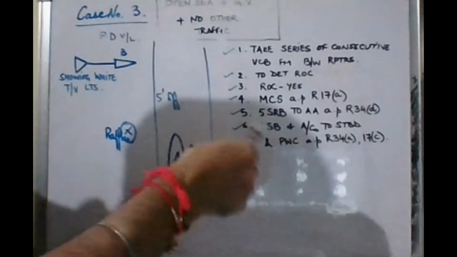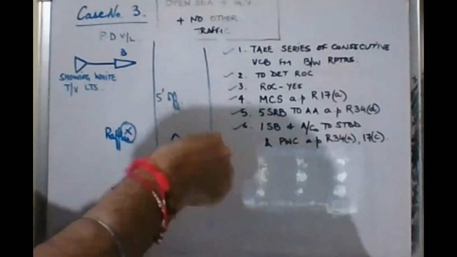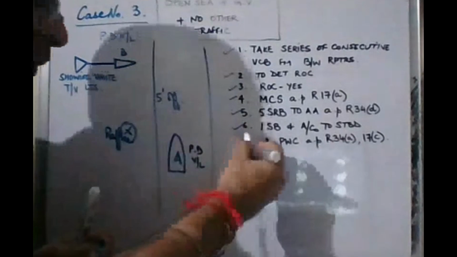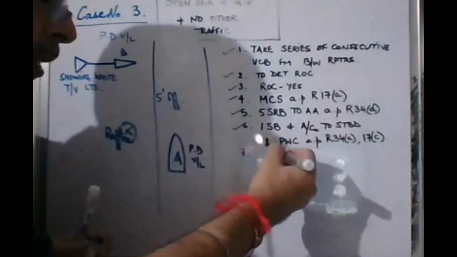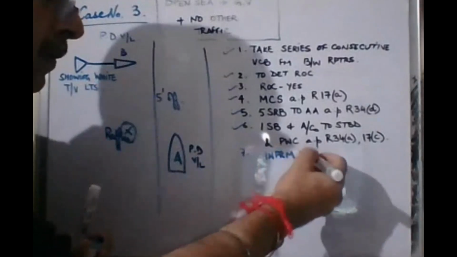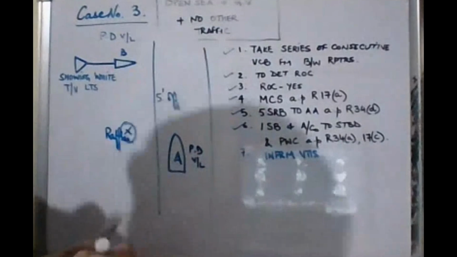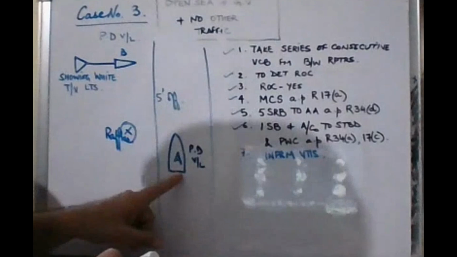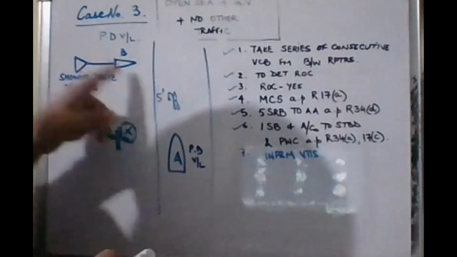You can't alter course to starboard, obviously, you are in a TSS, so you'll only reduce speed, and you will inform VTIS. That is the only other thing that you'll do. Inform VTIS. That is what you need to do.